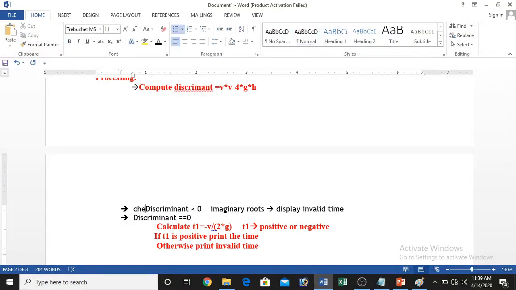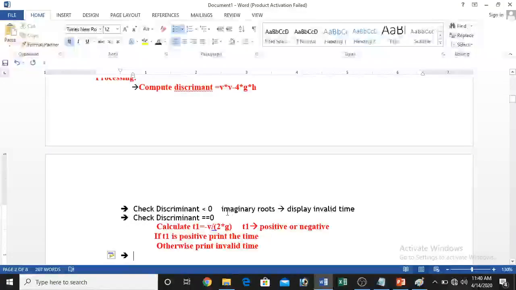So this we are going to check whether the discriminant is less than 0, and this we are going to check whether the discriminant is equal to 0. Now the third option left out is that it should be greater than 0.